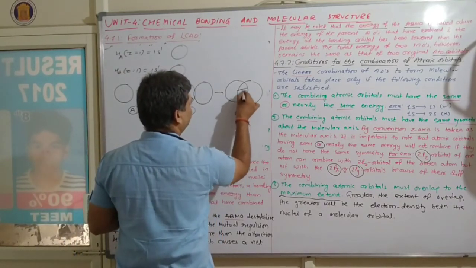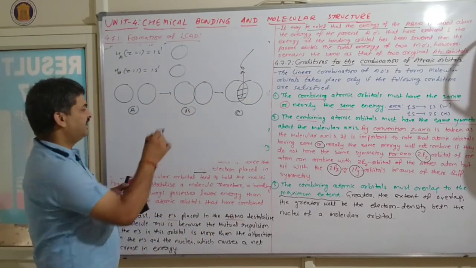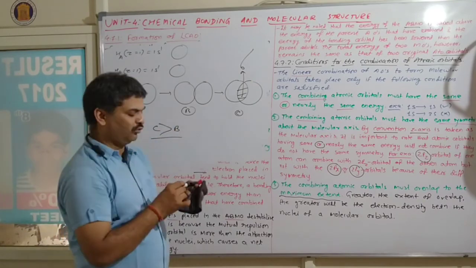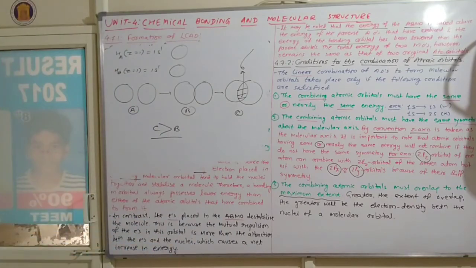Here C, इसको हम लोग बोलते हैं सिग्मा बॉन्ड, and here overlapping is maximum, therefore bond strength of C is more as compared to B. क्लियर? इसी को हम लोग क्या बोलते हैं? Overlapping should be maximum. करेक्ट या नॉट? चलो.